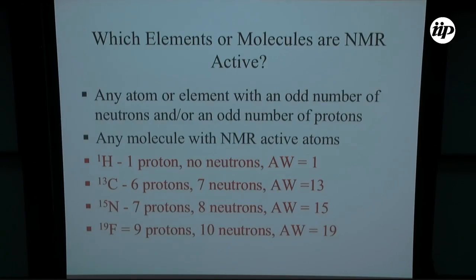And of course, the first thing to know about NMR is that, in order to do NMR, you have to have atoms that have a spin. And that means they have to have an odd number of neutrons and/or protons, okay? So we have protons, which obviously have spin, and we can look at NMR in any protein by looking at proton NMR.